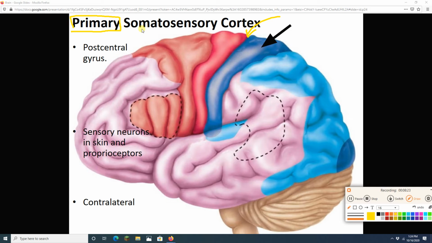And this is also a contralateral situation where if I smack my left hand here, I feel that, quote unquote, in the right side of my brain. So there is contralateral input for this. So this is our primary somatosensory cortex right here in the postcentral gyrus in the front part of the parietal lobe.